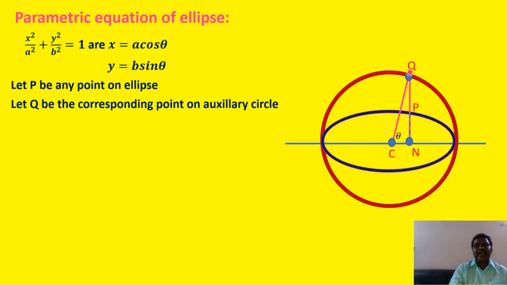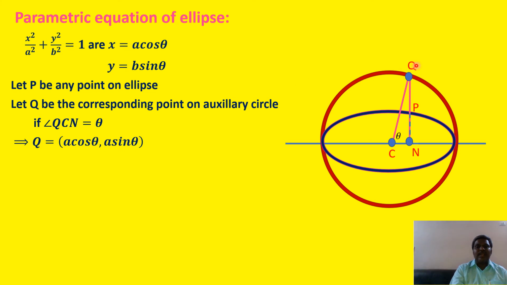Can I take the coordinates of Q or not? By the parametric equations of a straight line, the coordinates of Q are a cos theta comma a sin theta. This is my point Q.